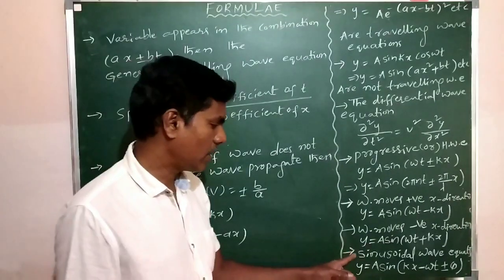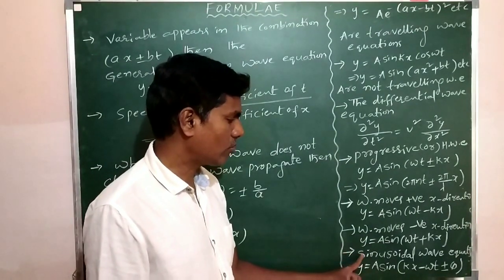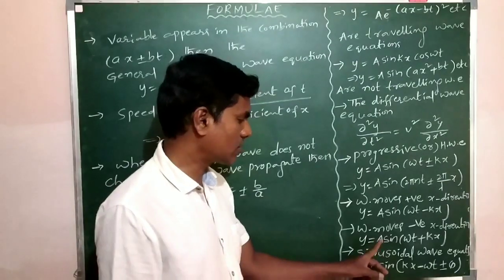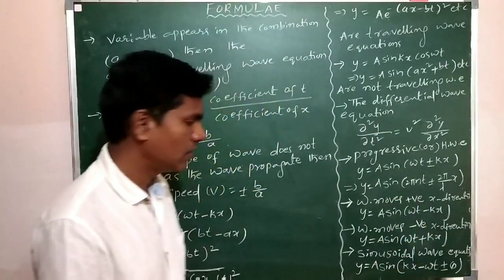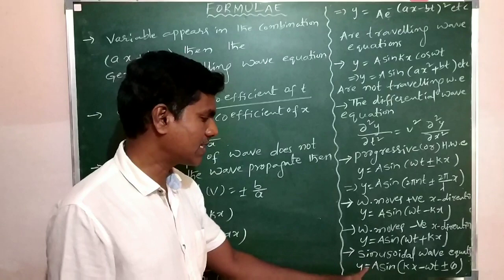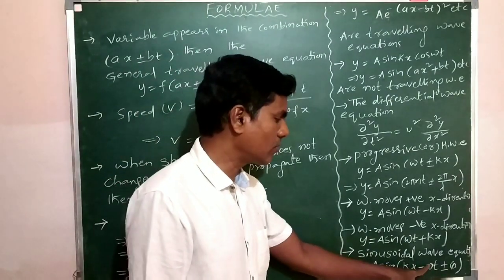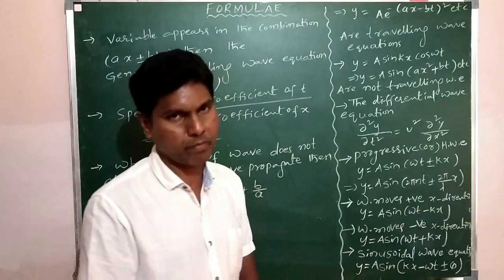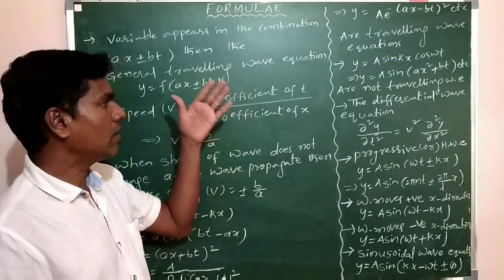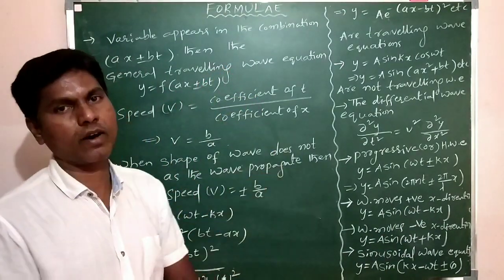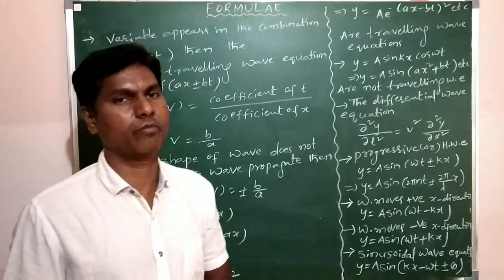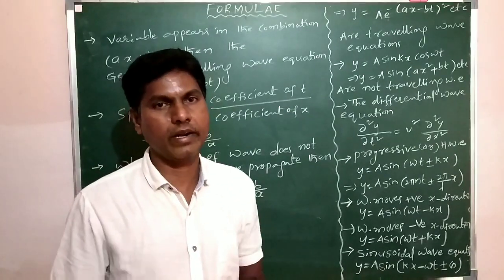The last and final equation, the sinusoidal wave equation, is y = a sin(kx − ωt ± φ). Based on all these formulas, we have to solve problems in the next video.